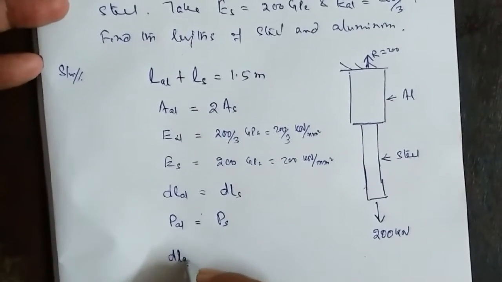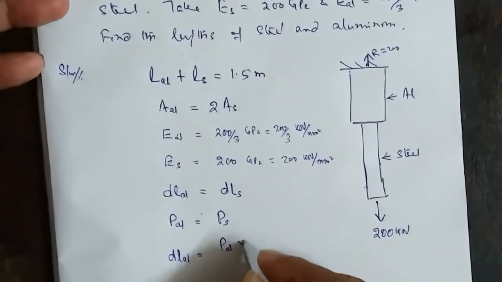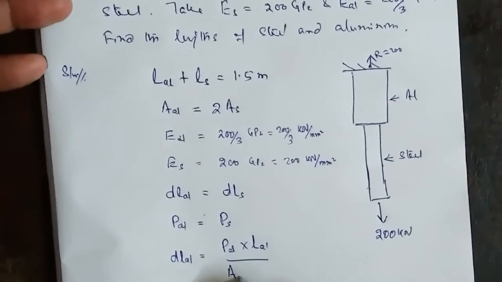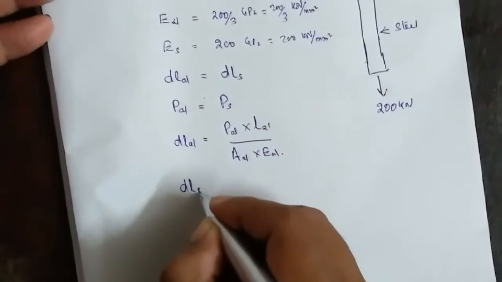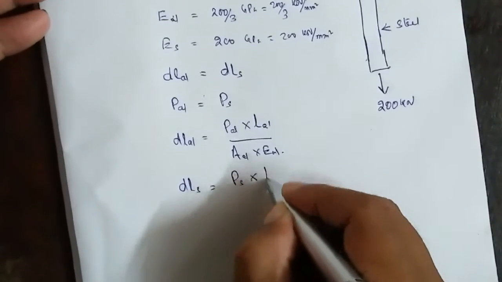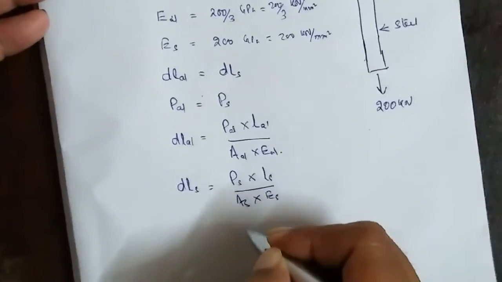Suppose DL of aluminium will be PA into LA by A aluminium into E aluminium. We know the change in length of steel will be PS into LS by AS ES.